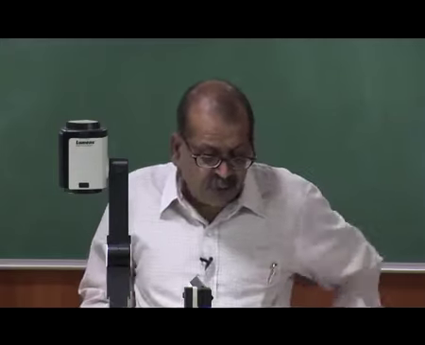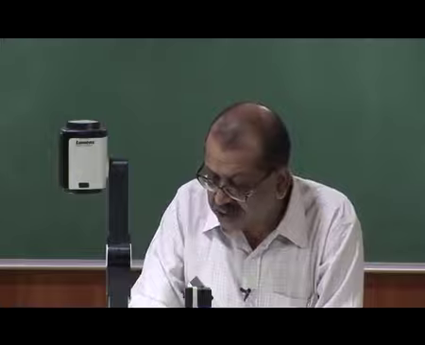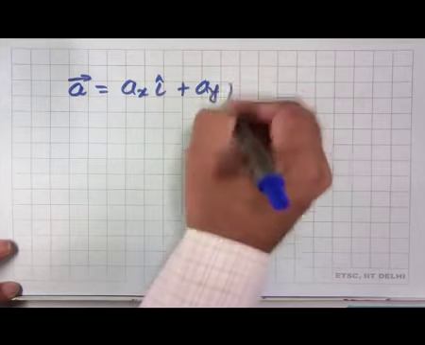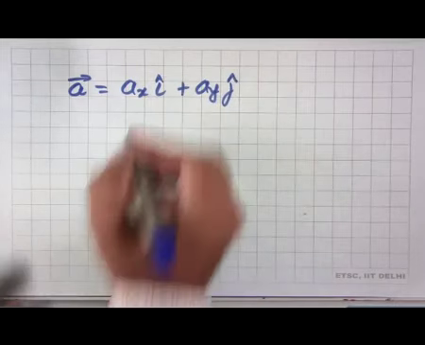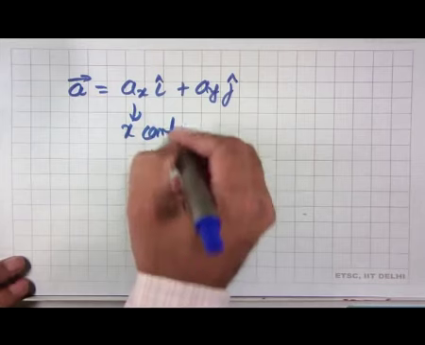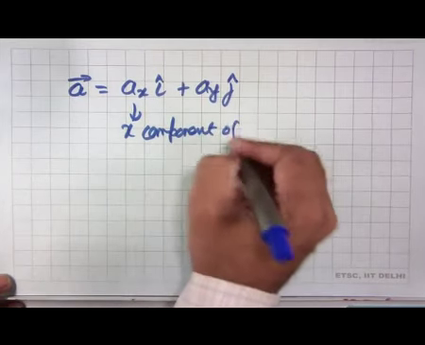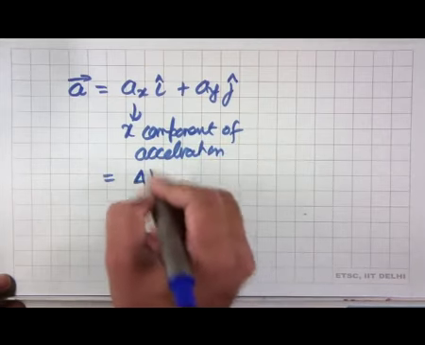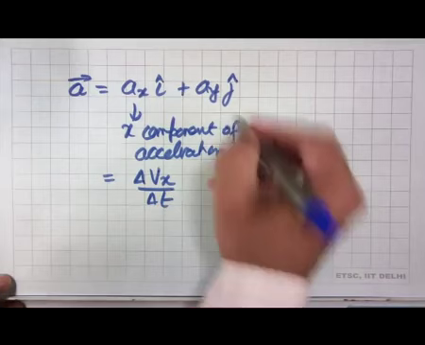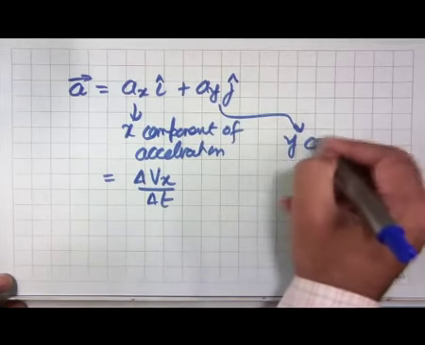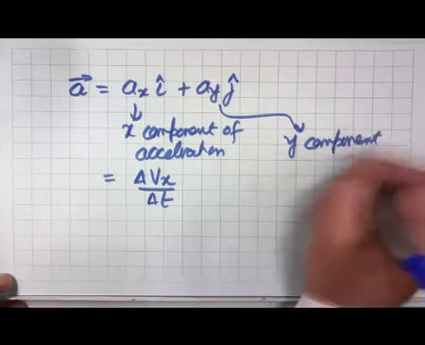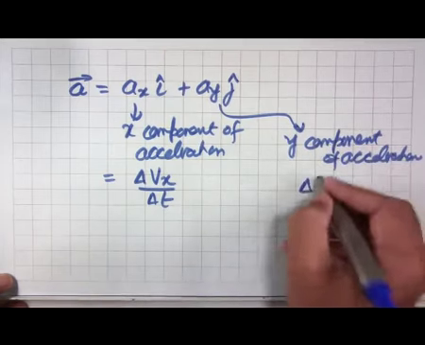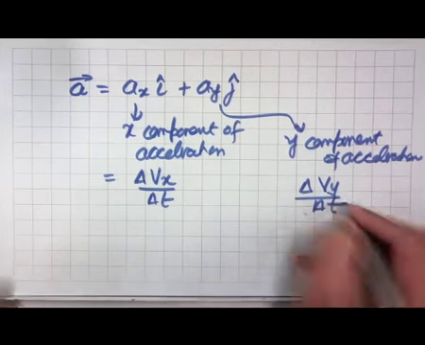So, as before, we can also write the acceleration as ax i plus ay j, where ax is the x component of acceleration, and this is equal to delta Vx by delta t, and ay is the y component of acceleration, given by the change in Vy by delta t.